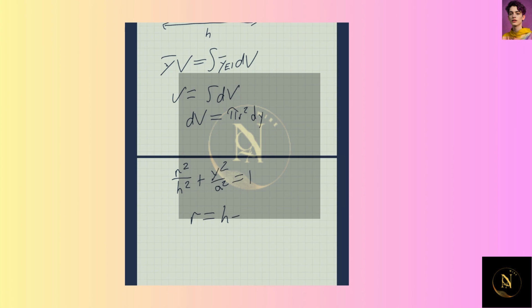And solving for the radius, we get that it is equal to h minus h over a times the square root of a squared minus y squared. And now we can plug this back into our differential volume.